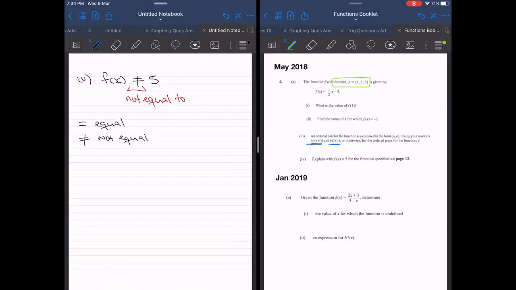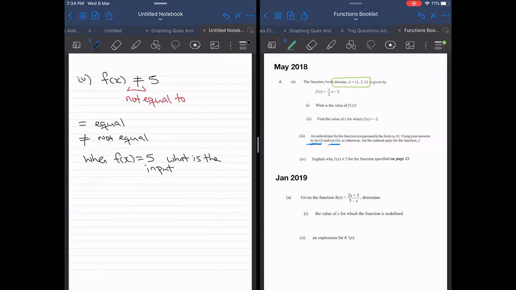Well, when you see a question like this, yes, I understand you wouldn't have known how to do it before now, but what a question like this is asking you to do is to find the input and show that the input is not valid. So let's see. When f of x equals 5, what is the input?